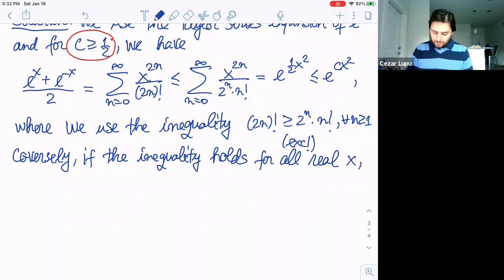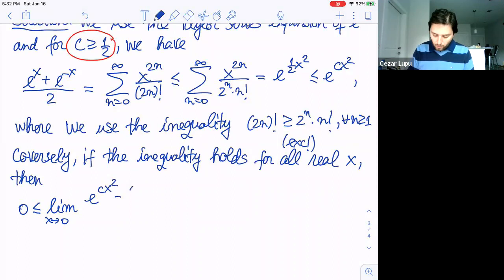Then I'm going to do the following. Here I'm going to take the difference between the two, and I know that 0 is less than the limit as x approaches 0 of e to the power c times x squared minus 1/2 e to the x plus e to the negative x, everything over x squared.